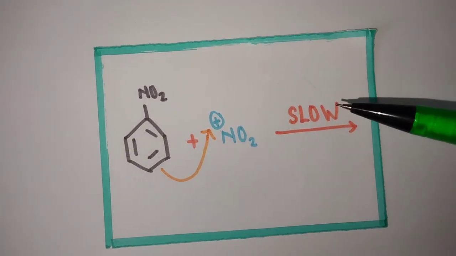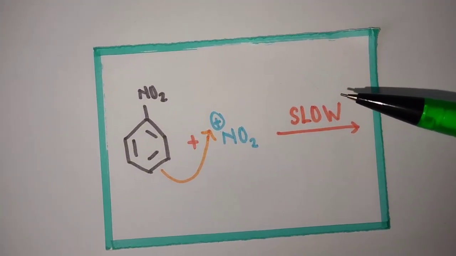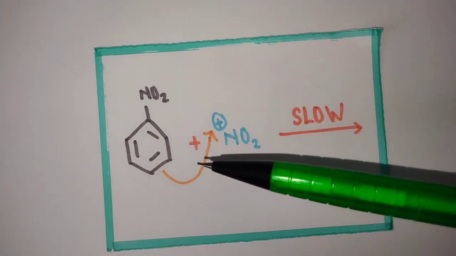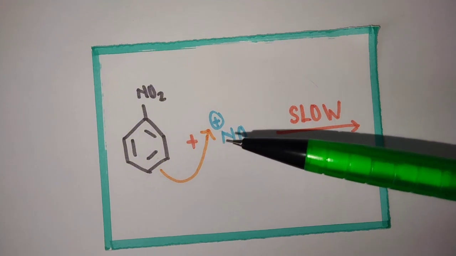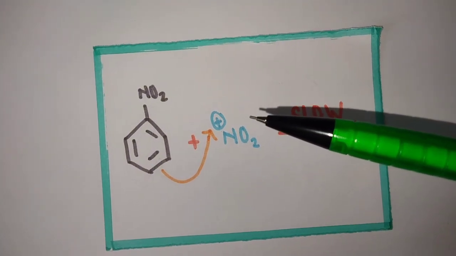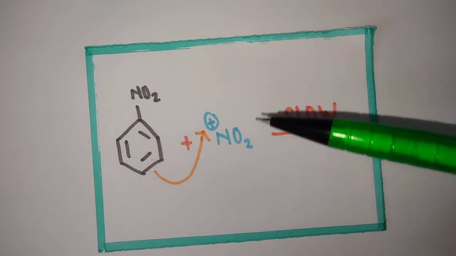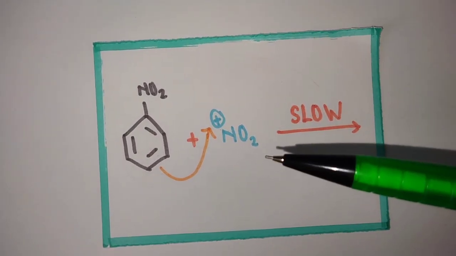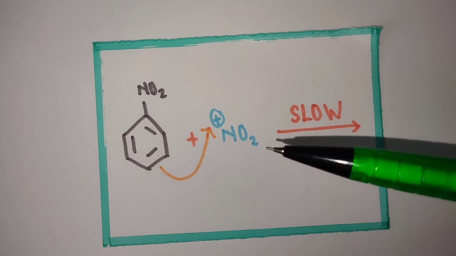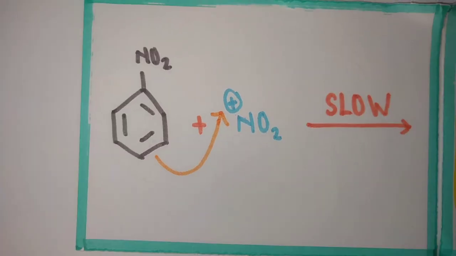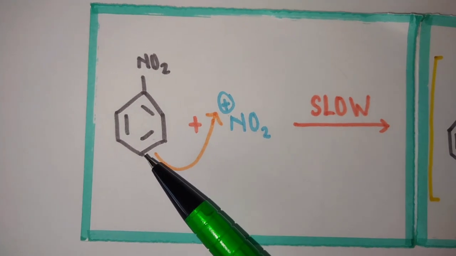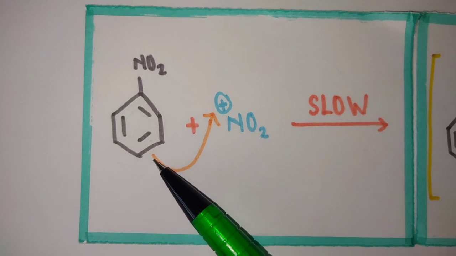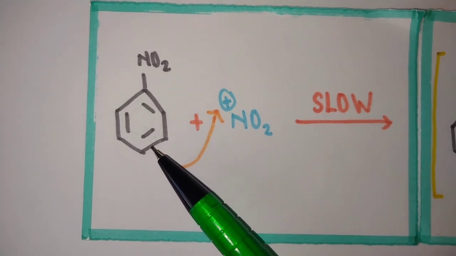Nitrobenzene and other aromatic compounds are highly stable due to their delocalized pi electron system, which provides significant aromatic stabilization. Breaking this aromaticity by forming the sigma complex requires substantial energy, making it a slow process. The electrophile bonds with one of the nitrobenzene carbon atoms, breaking the ring's aromaticity.